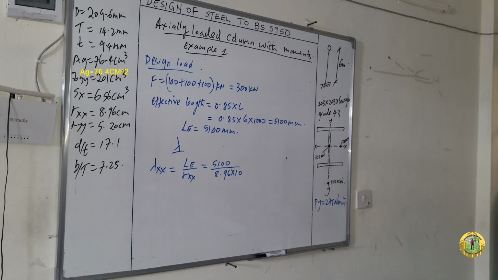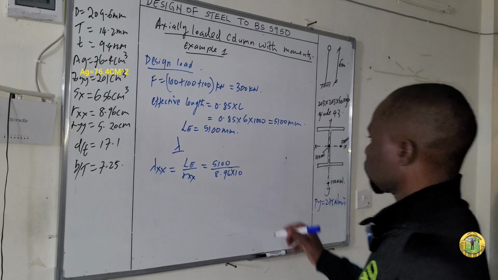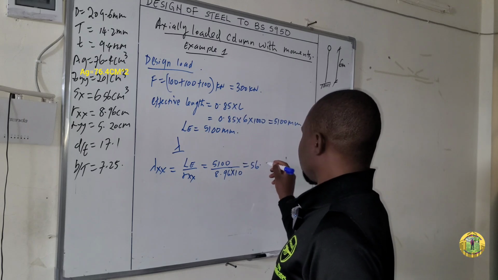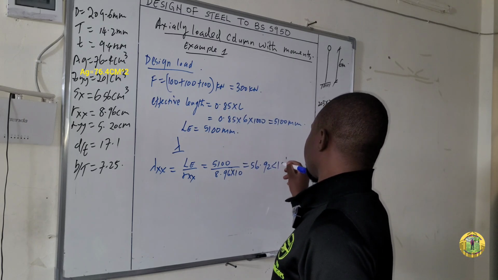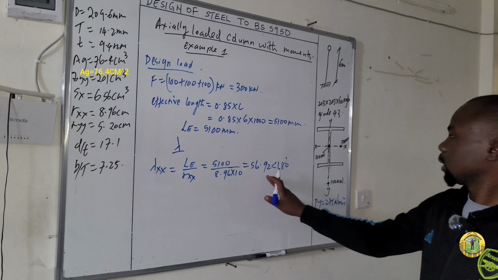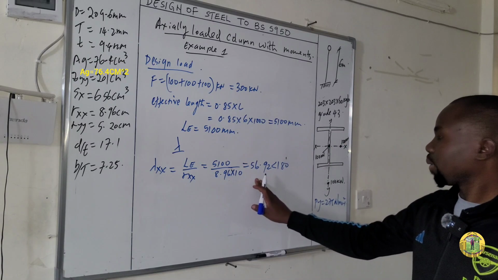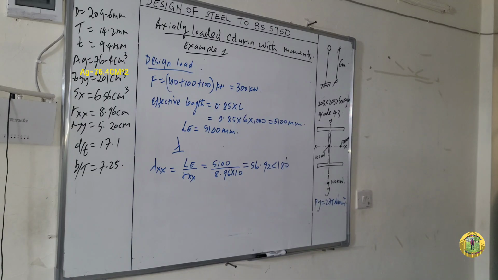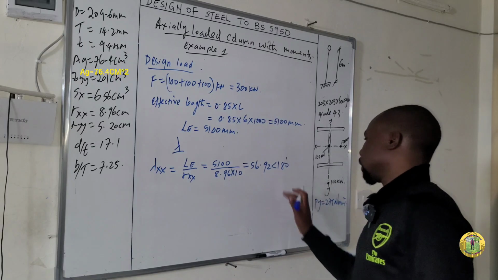Your answer is 56.92, which is less than 180. Why must it be less than 180? Because we are designing for dead load and imposed load, which is limited to 180.